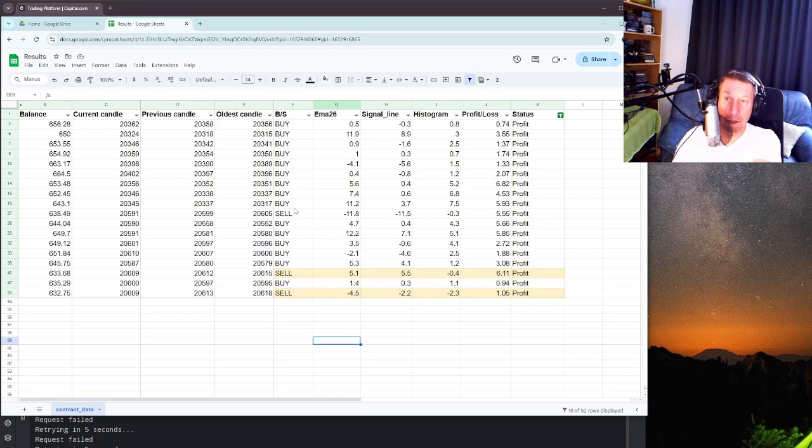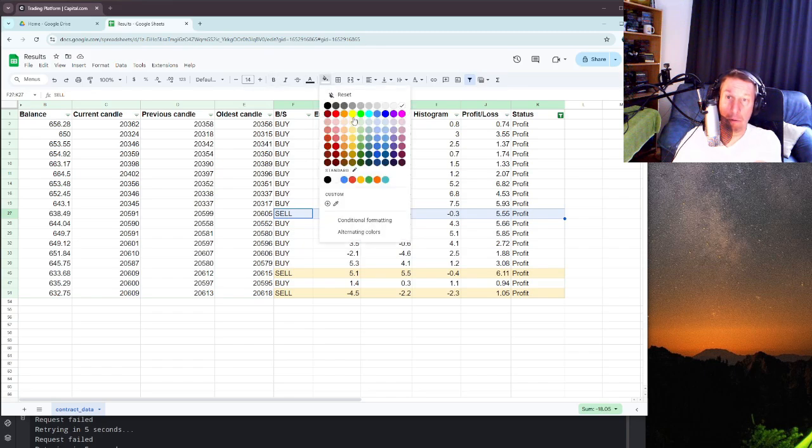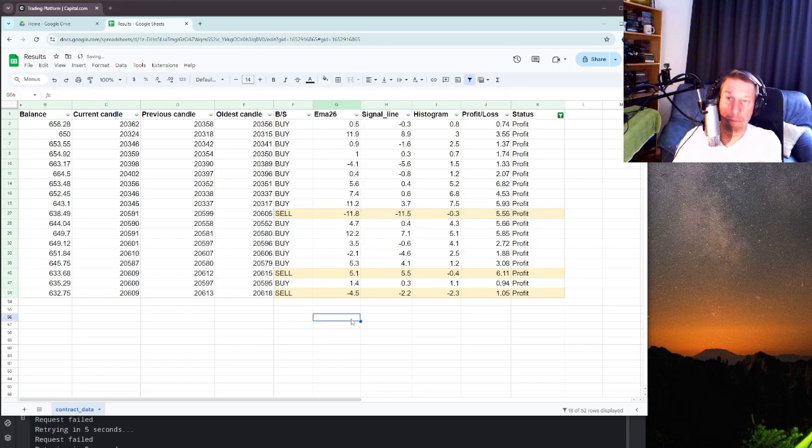Okay, do we have another sell? Yes, we have another sell right here. The 0.3 histogram difference as a 55 profit.